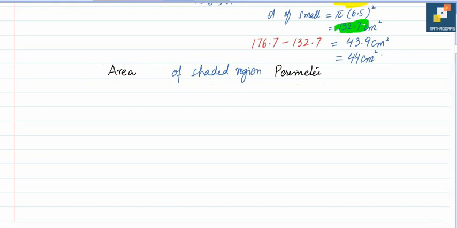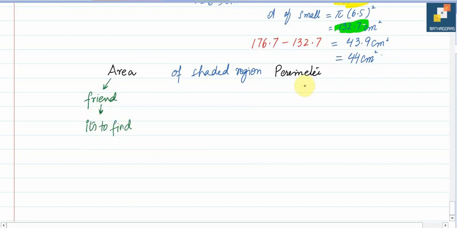Now keep in mind that area is our friend. It's very easy to find. But if we talk about perimeter, it's our enemy, not easy to find.